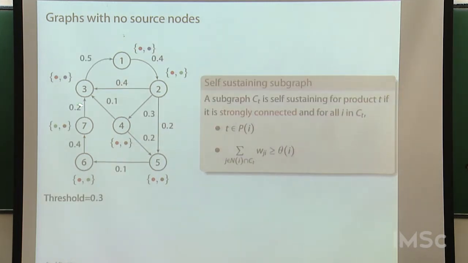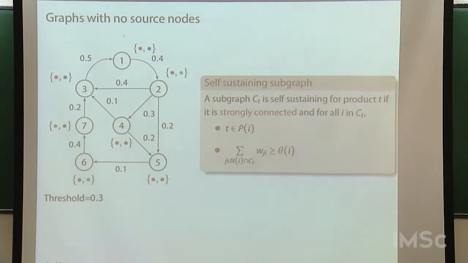So there is a structural property of this graph which you can identify, and this is the property. It's called the self-sustaining subgraph. So a subgraph of your network, let's call it CT, is said to be self-sustaining for product T if it satisfies three properties. First is that the subgraph is strongly connected, and for every node in this subgraph, this product T is in the product set of that node.